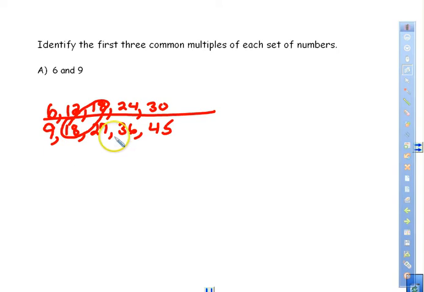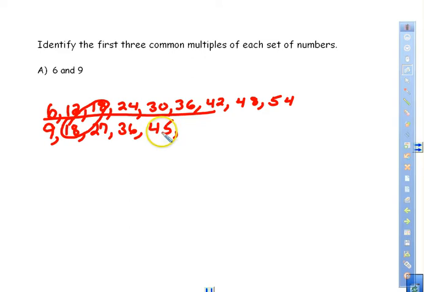And then I don't have any more that are common, so I'm going to have to continue on. So now I'm going back to counting by 6s. So 36, and then 42, and then 48, and then 6 more onto 48 would be 54. And so then we'll continue down here with my 9s.